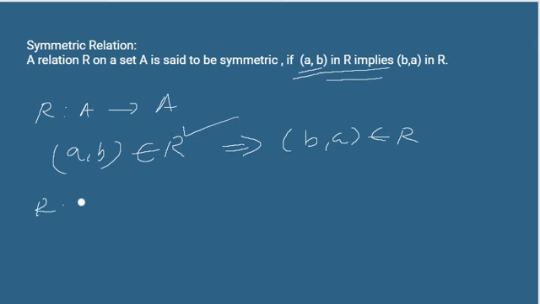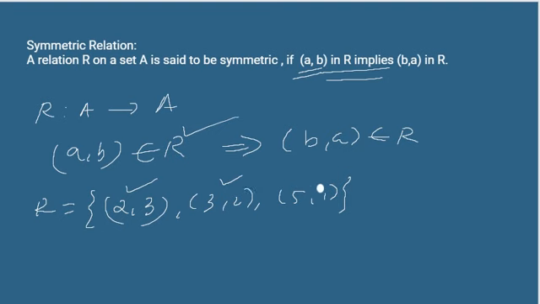For example, R is equal to {(2, 3), (3, 2), (5, 1)}. Take this relation. Do you think that this is symmetric? See, (2, 3) is present, then (3, 2), that is (a, b), (b, a). (2, 3) is there, (3, 2) is also there. (5, 1) is there. What about (1, 5)? (1, 5) is not present.